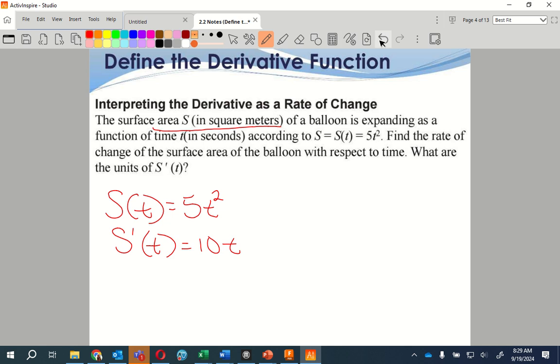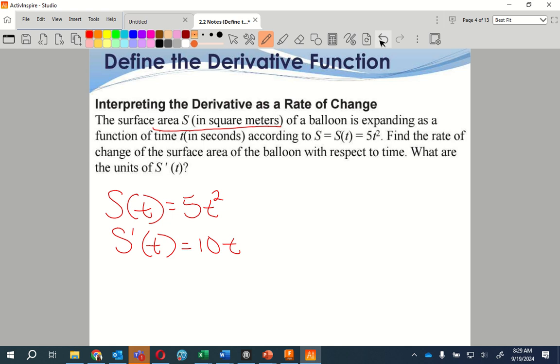So that's 3 different types of units. We have a linear of the radius, we have the area squared of the surface, and we have the volume, the capacity of the balloon. So pay close attention. So right here, the rate of change is going to be 10t.